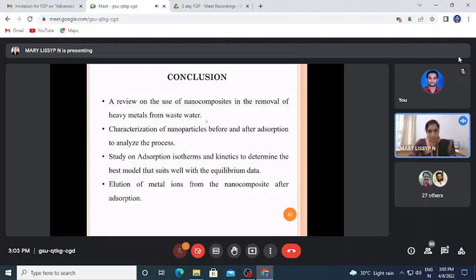We have gone through some of the terms like adsorption isotherms and kinetic study to determine the best model that suits well with equilibrium data, and also the desorption studies, like elution of metal ions from the nanocomposite after adsorption, so that regeneration and reuse of the nanocomposite is done. Okay, so that's all about the presentation.